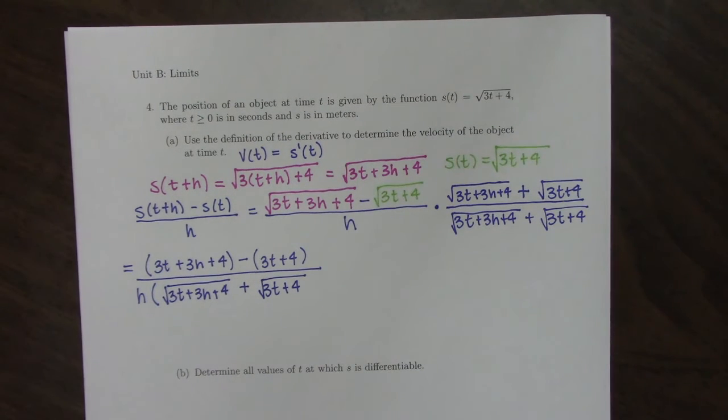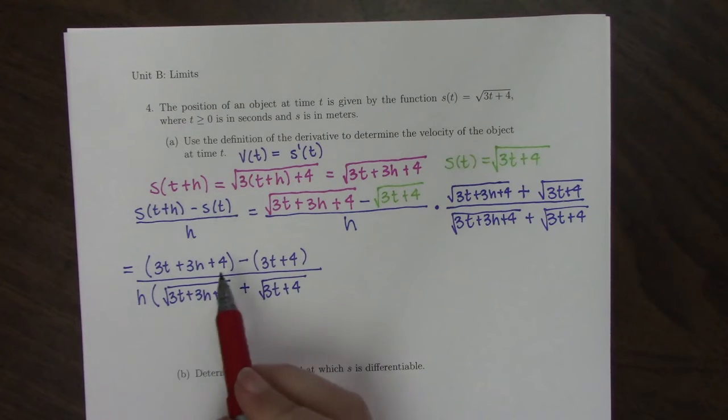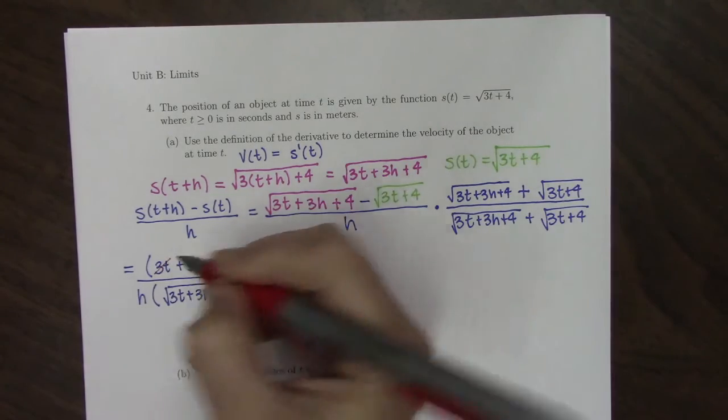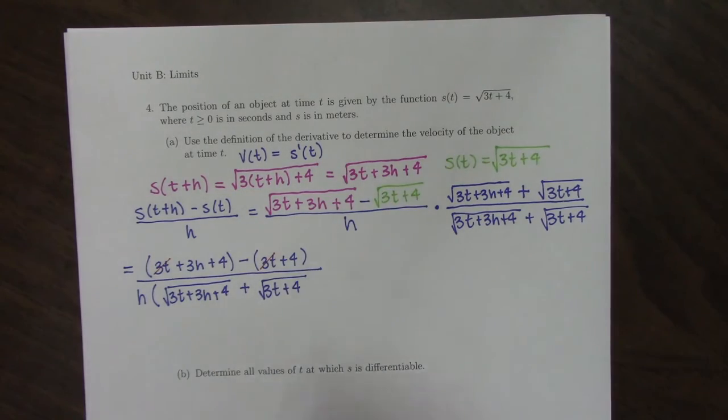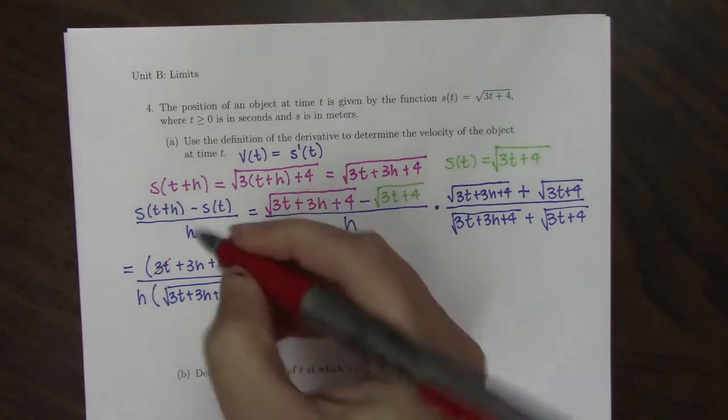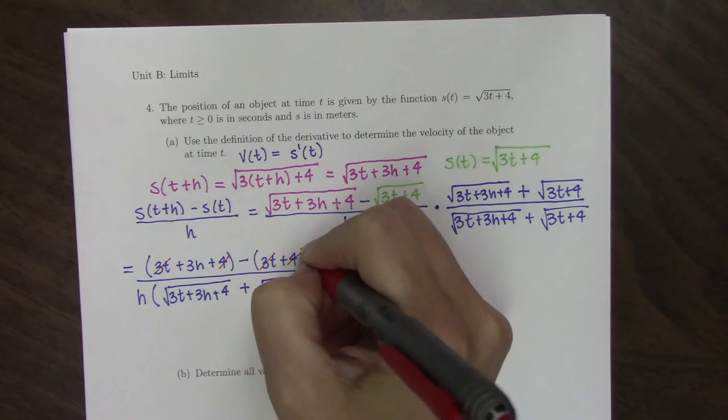Now I can try to simplify this numerator. So in the numerator, I see I have a 3t minus a 3t. So these 3t's cancel. I have a 4 minus a 4. So these 4's cancel.